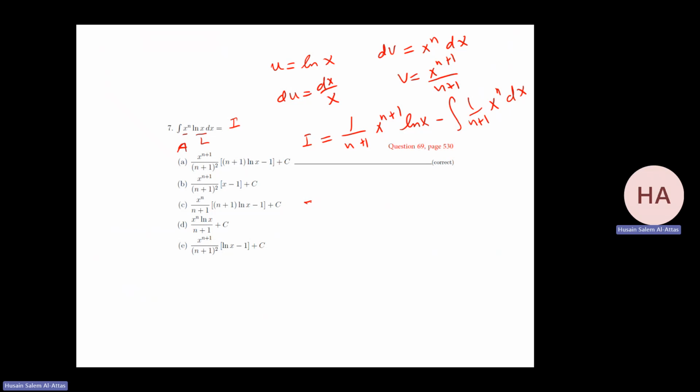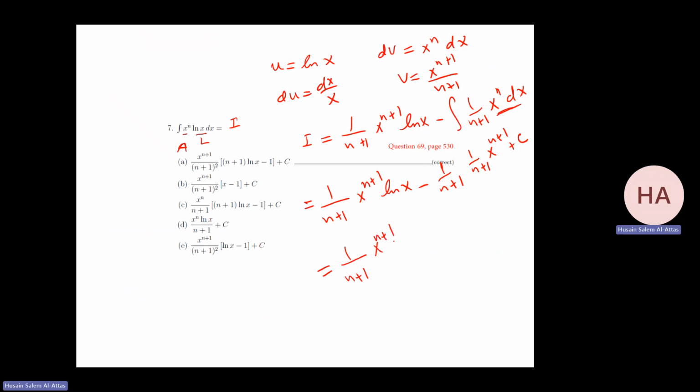So this is 1 over n plus 1 x to the power n plus 1 ln x, minus 1 over n plus 1 times the integral of x to the power n, which is 1 over n plus 1 x to the power n plus 1 plus c.